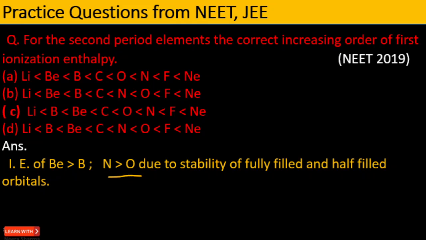So the correct order would be lithium has the least, then boron, beryllium, this is one anomaly, then oxygen, nitrogen. So the correct choice would be C. This is important for you to remember.